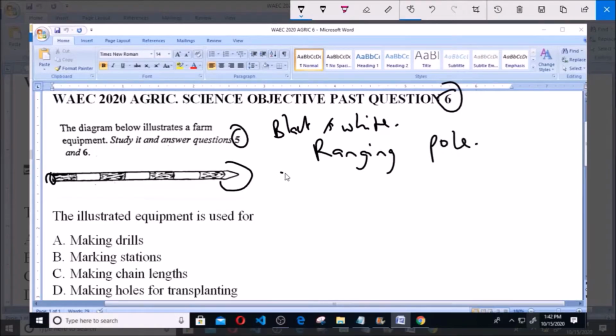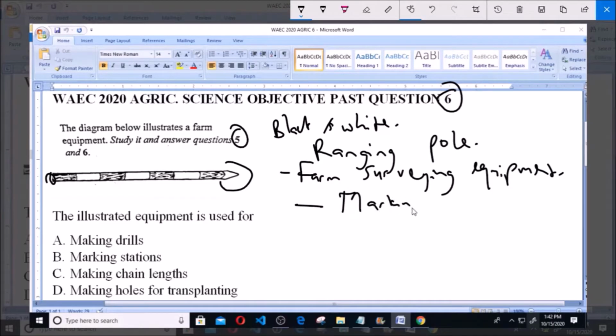It is called a ranging pole, and it is a farm surveying equipment. Now the function it performs is marking of stations. So marking stations is the function of a ranging pole.